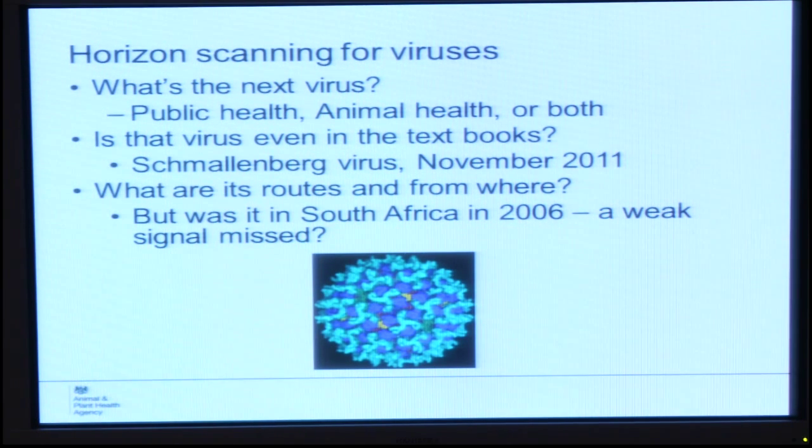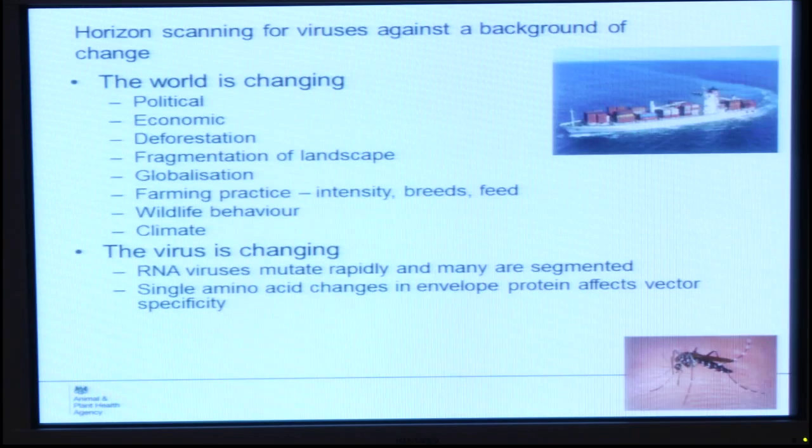And it's quite interesting because a paper came out a couple of years ago saying that there had been cases of abortion in livestock in South Africa in 2006. They looked for Rift Valley fever virus, they didn't find that, and they're suspecting it may have been Schmallenberg. So in horizon scanning terminology, that might have been a weak signal that was missed.